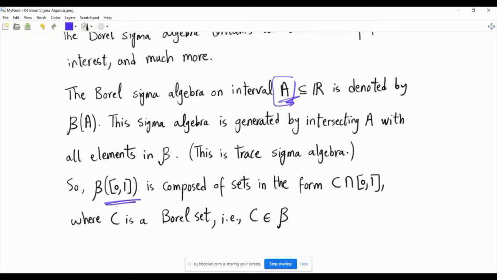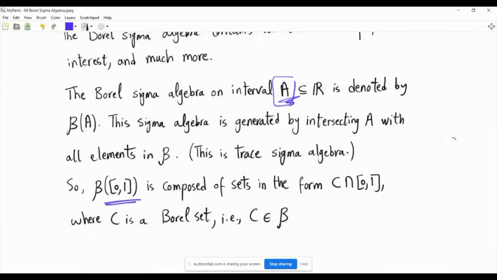Now you may ask, are we sure that when we do this intersection we indeed get a sigma algebra? The answer is yes. It is in the notes on sigma algebras. There is something called the trace sigma algebra, and it is what I'm talking about.